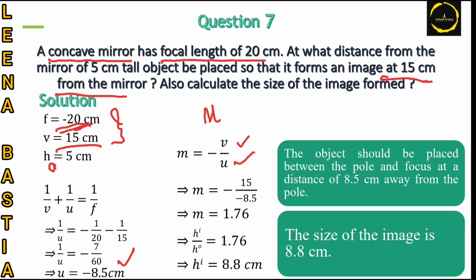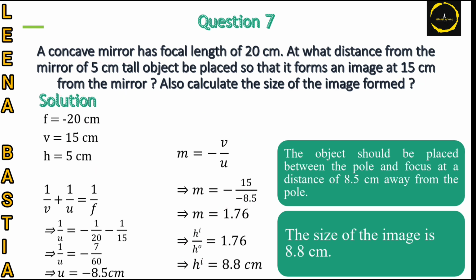So just substitute the values and you get the value of m. One more formula is hi by ho. Now m equal to 1.75, and just put the value of ho, which is 5 centimeter, as given here, and after substituting you will get 8.8. The size of the image will be 8.8 centimeter. I hope this one is also clear to you all.